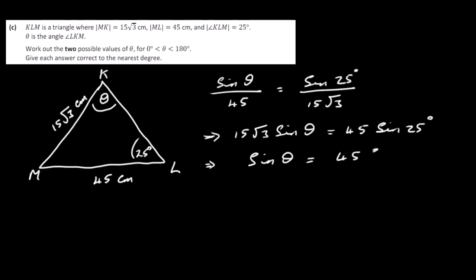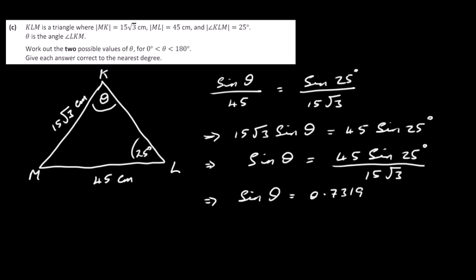That will give us sine theta is equal to 45 sine 25 degrees divided by 15 root 3. Now if you work all this out on the right hand side, you get sine theta is equal to 0.7319963015. So to find theta then we would just do sine inverse of this here.